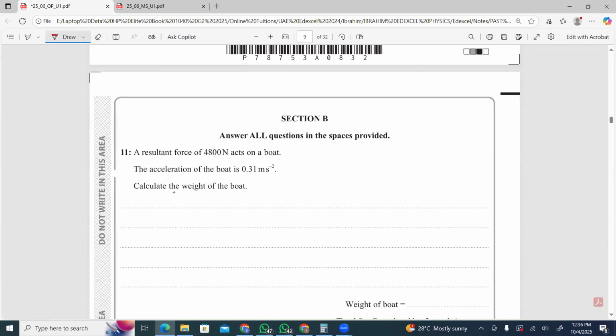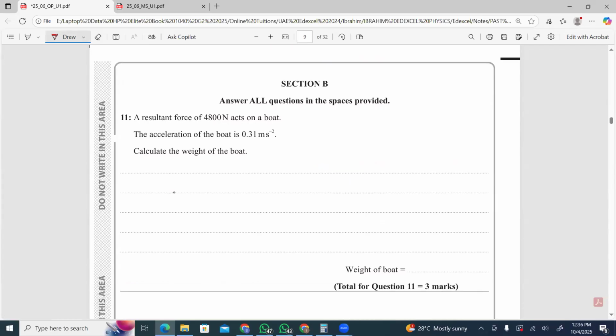Question number 11. A resultant force of 1400 newtons acts on a boat. The acceleration of the boat is 0.31 meters per second squared. Calculate the weight of the boat. Oh, easy question. F equals ma, so the mass is 4800 divided by 0.31.